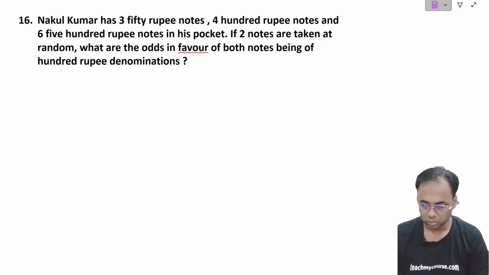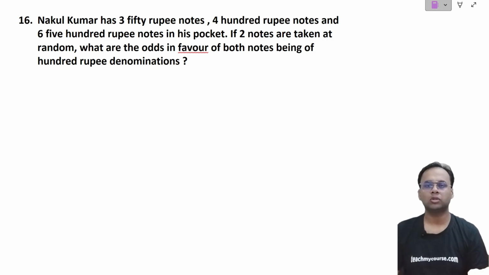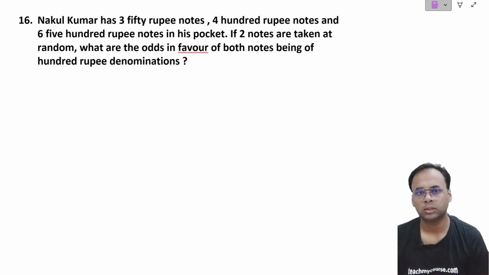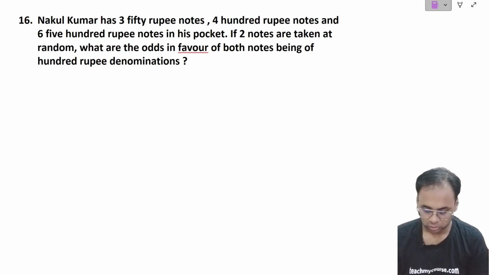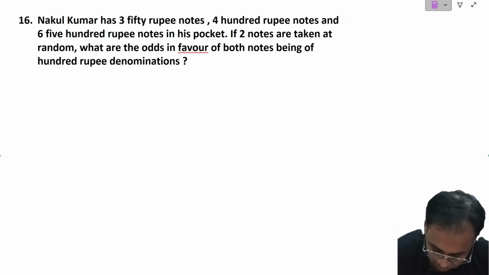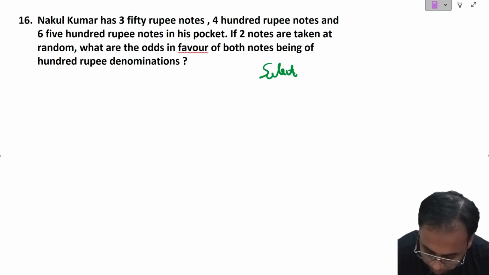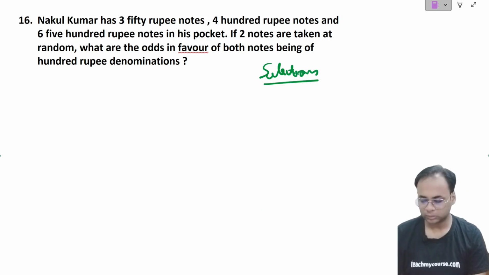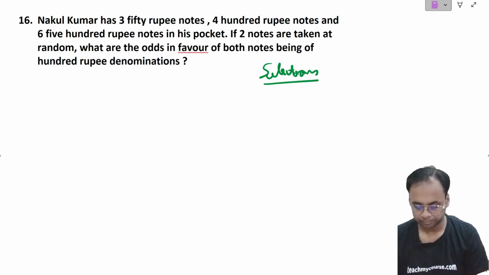If you are aware of the topic of permutation and combination, permutation means arrangement and combination means selection. So this is a question based on selections, because you are selecting some notes out of the total.